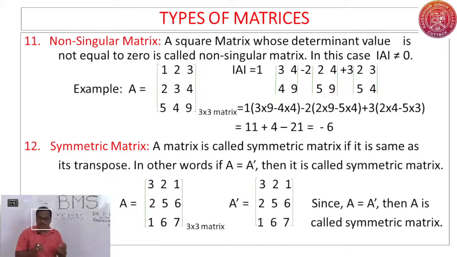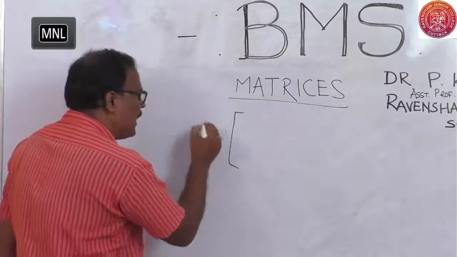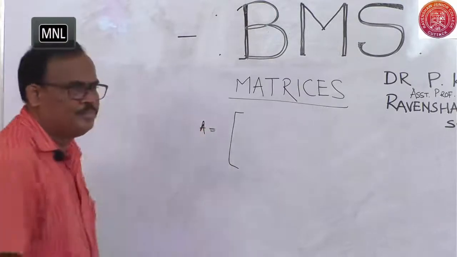So there is a technique. Suppose in a question in the annual examination, it is asked that you give an example of a symmetric matrix. Then you come to the blackboard. Suppose A is a matrix.